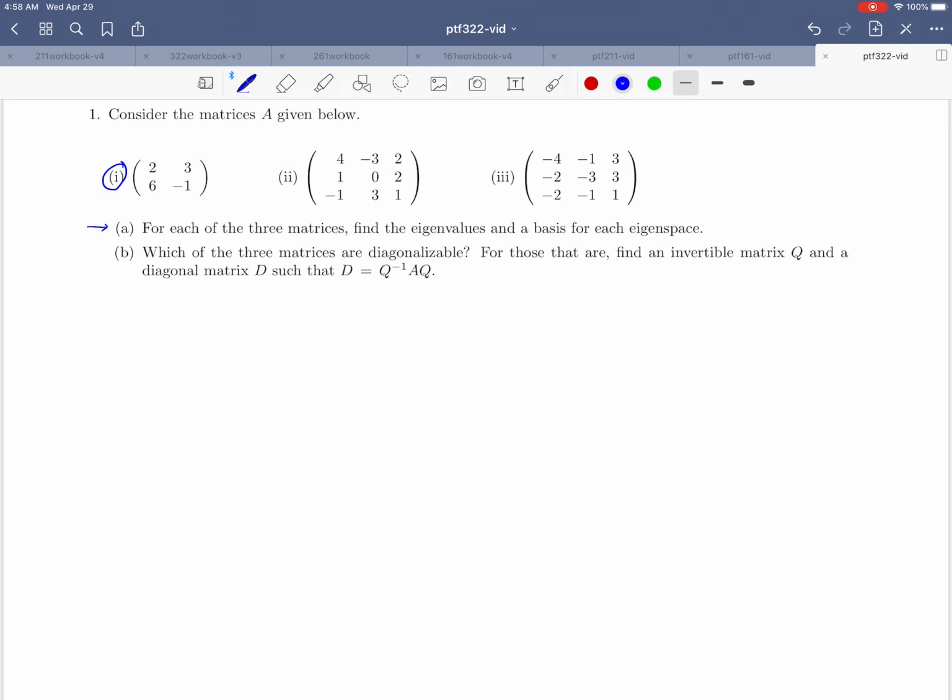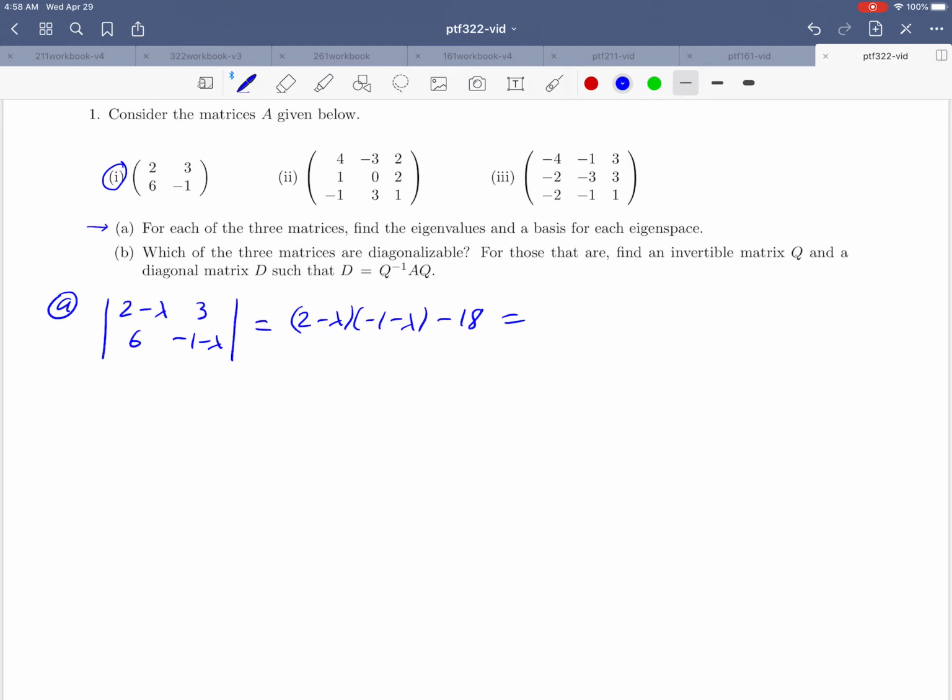Okay, so to find eigenvalues, we're going to start with the matrix A minus lambda I and look at its determinant. This shouldn't be too bad because this is a 2 by 2, so let's just see what happens here when we take the determinant.